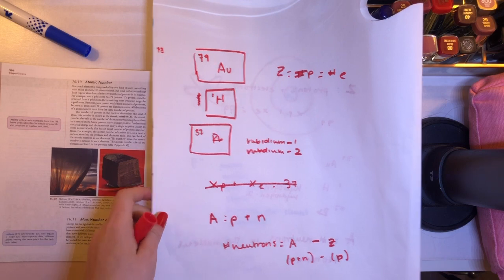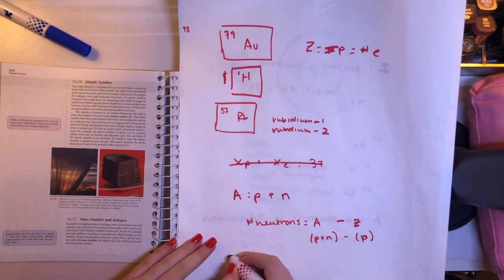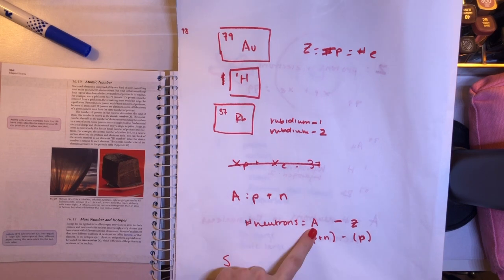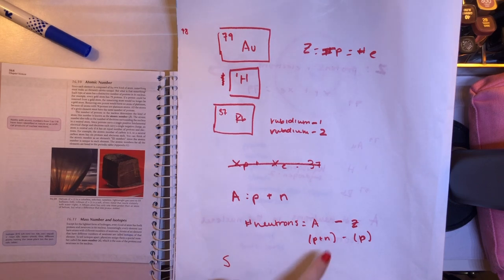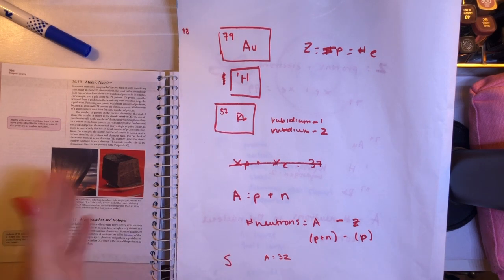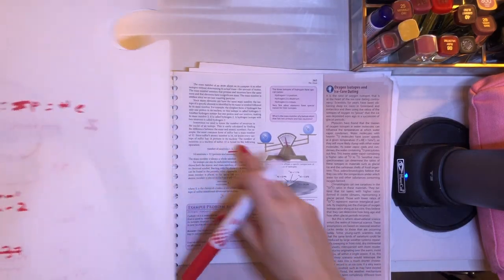Your book gives you the example of sulfur. In order to find the number of neutrons in an atom of sulfur, I need to know what the mass number is. The most common isotope of sulfur has a mass number of 32, and we know that sulfur's atomic number, just by looking at the periodic table, is 16.